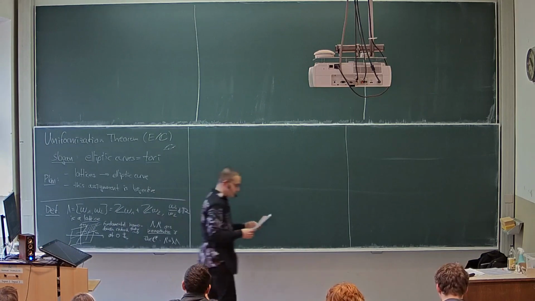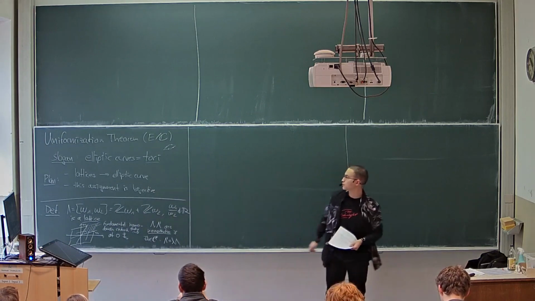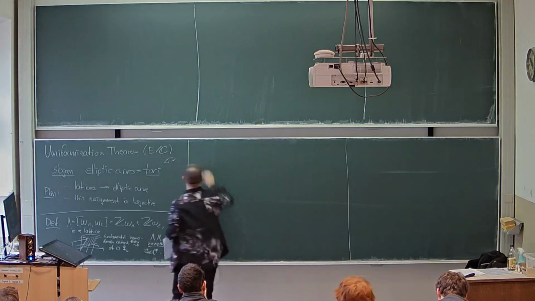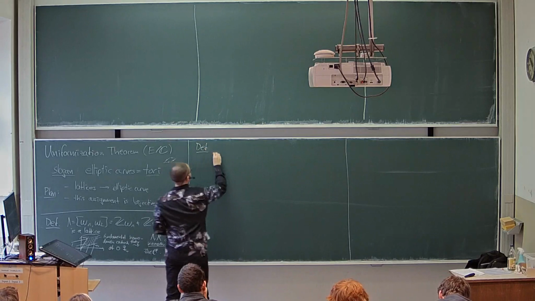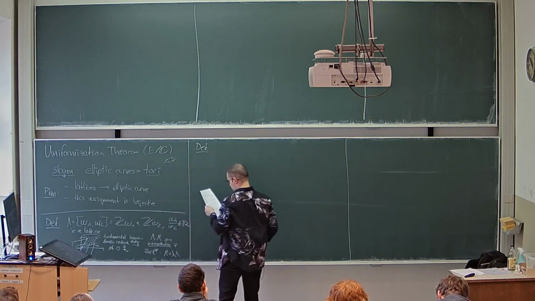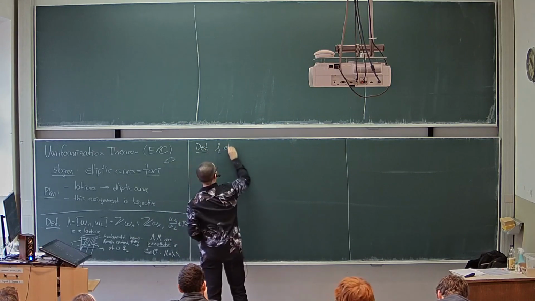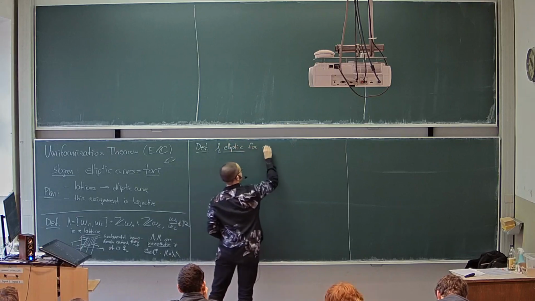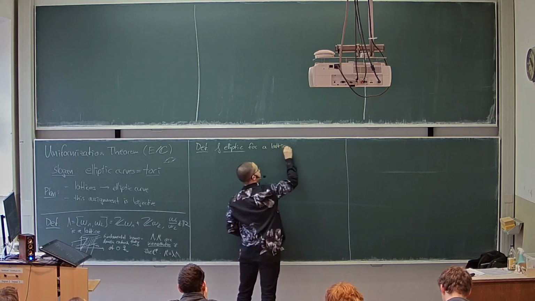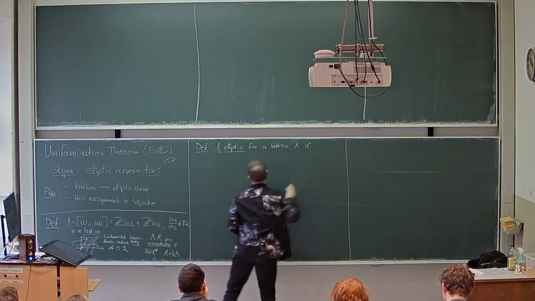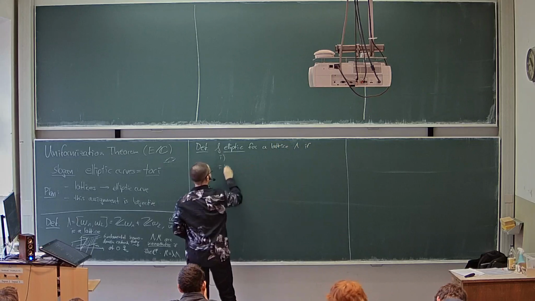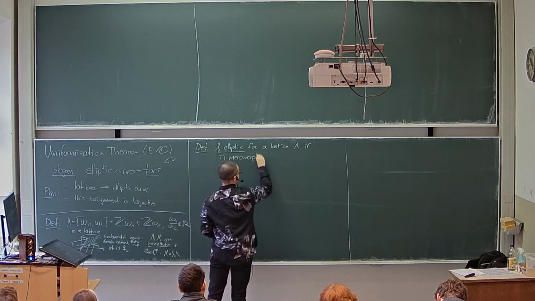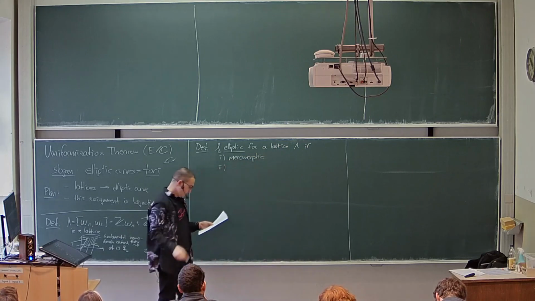And the main object for the first part of this lecture will be that of an elliptic function. f is elliptic for a lattice if it is meromorphic, meaning we have only a discrete set of poles.